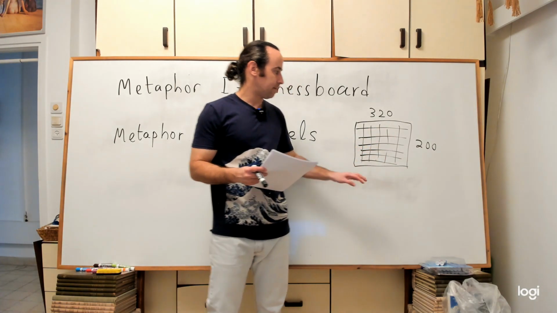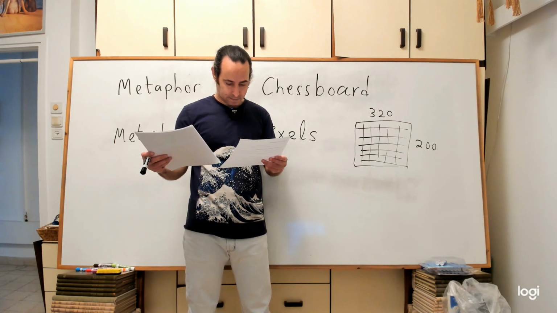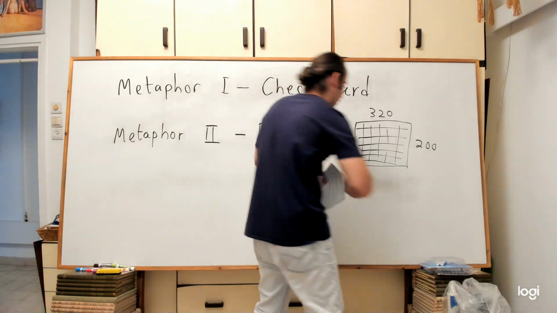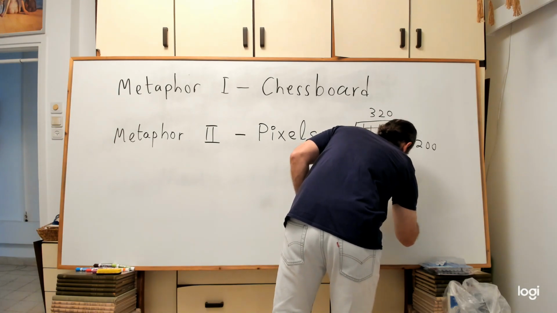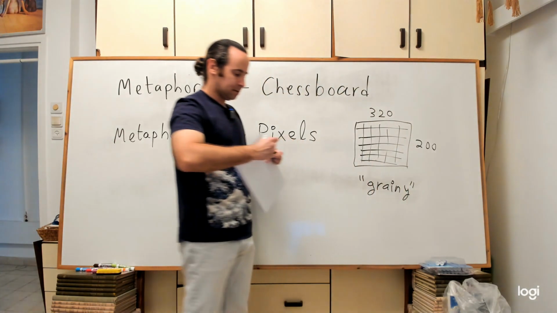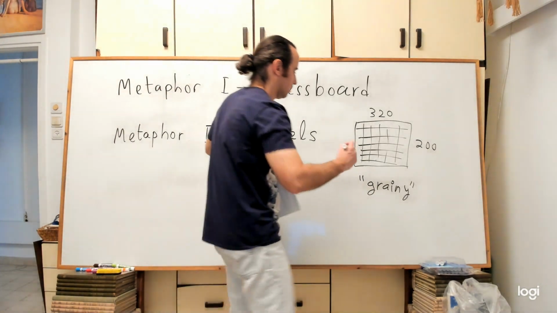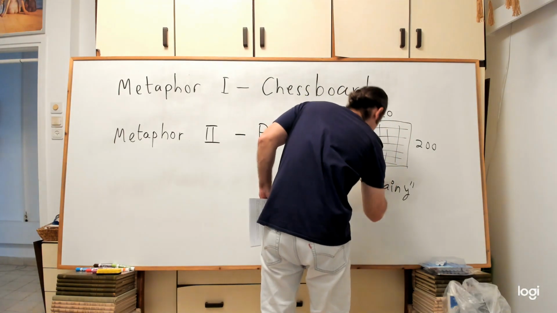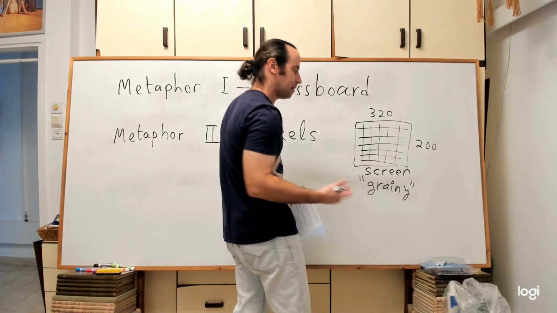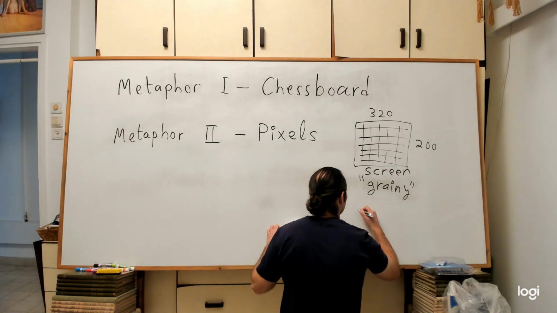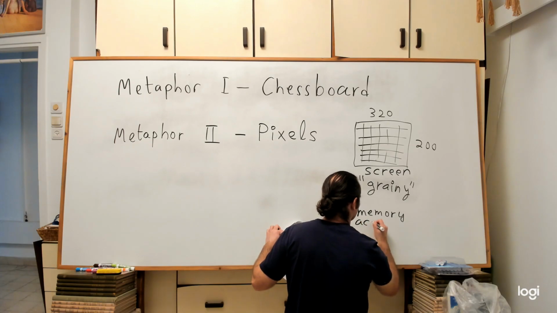Okay, how did we call it? Grainy. Okay, so we have this on the screen, and we have another system in the memory which is accurate.